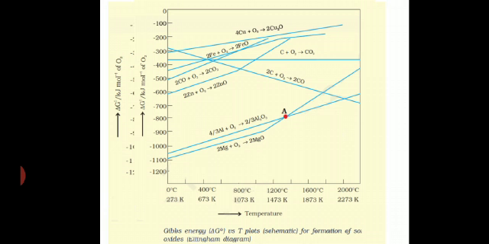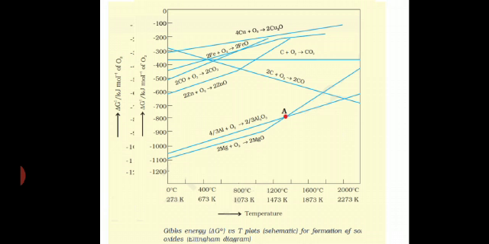For metals like silver and mercury, delta G naught exceeds 0, that is, becomes positive at high temperature. This means both silver oxide and mercury oxide decompose on their own at high temperature and no reducing agents are required. So for that reason they are not there in the Ellingham diagram. We come to know that 2Ag2O on heating will give you 4Ag plus O2, and 2HgO on heating will give you 2Hg plus O2.